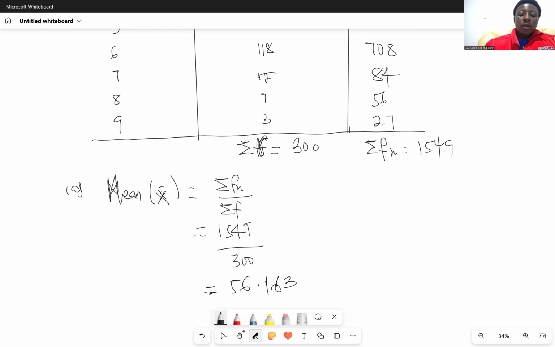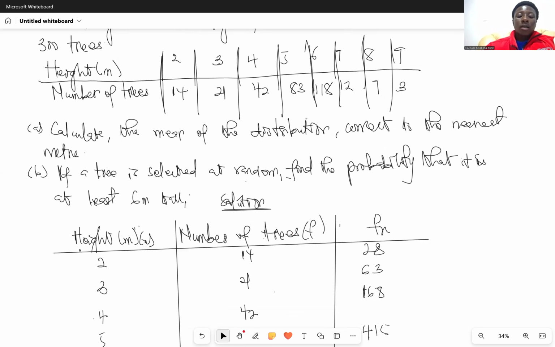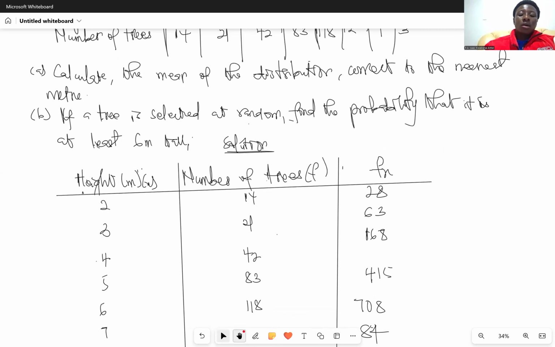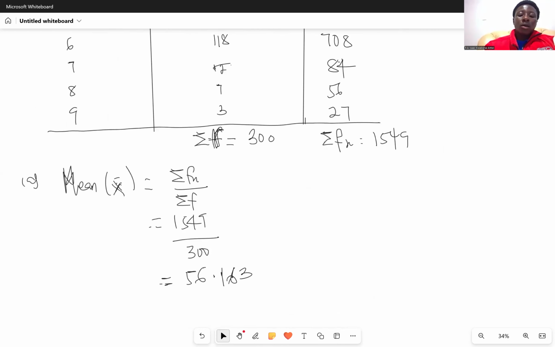Now, guys, go back to the question. Don't forget it. It says correct to the nearest meter. To the nearest meter means we don't need a decimal point, right?